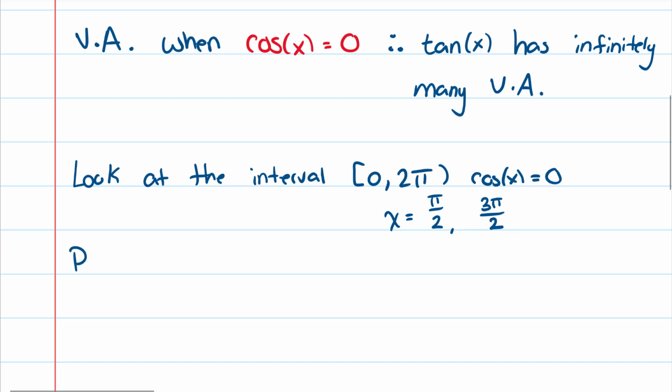We also know that the period of tangent is pi. So that means that we have a vertical asymptote repeating every pi plus whatever the x value is.